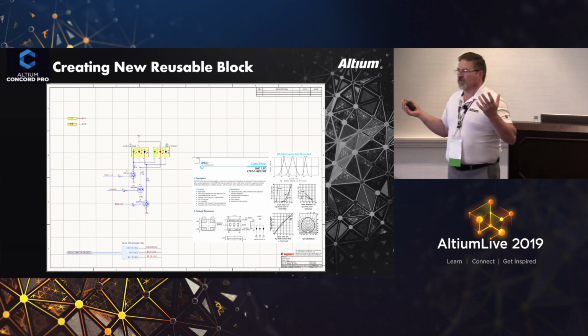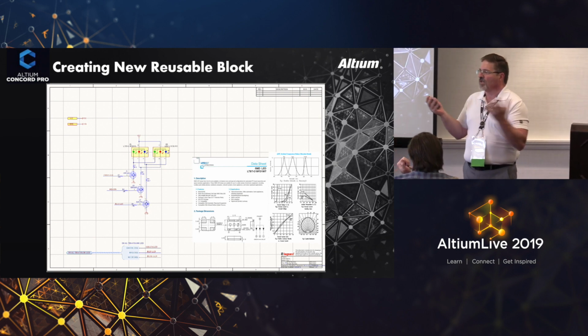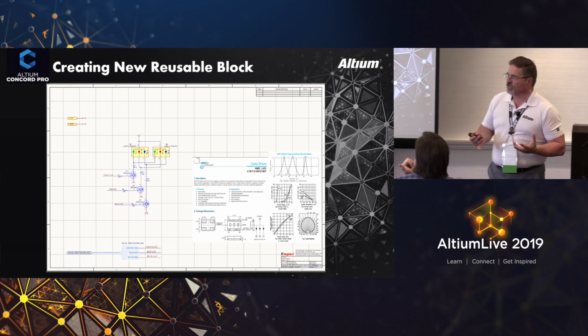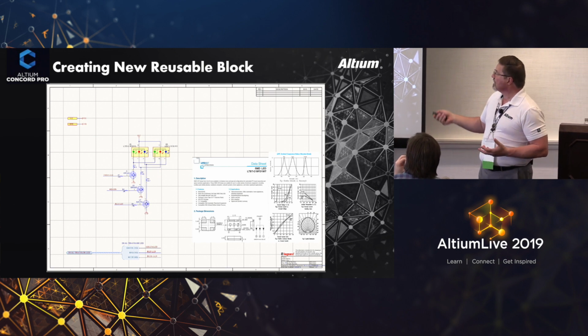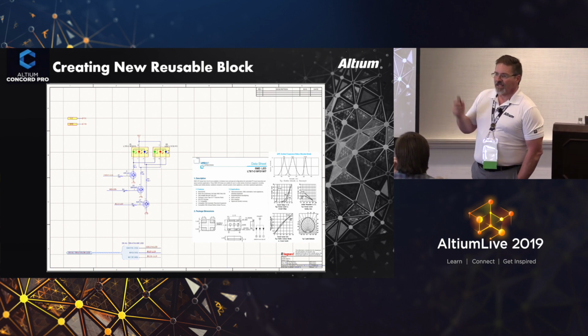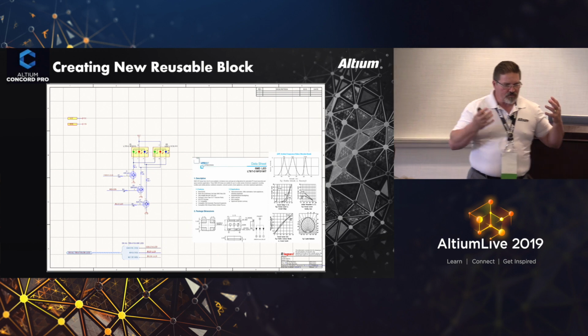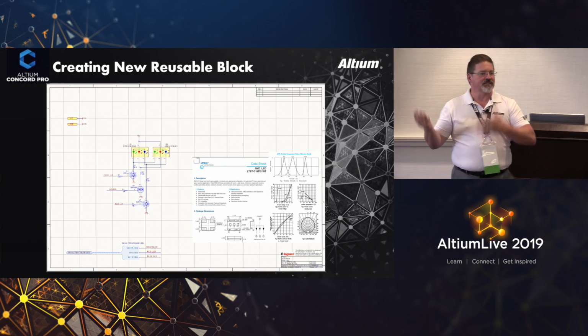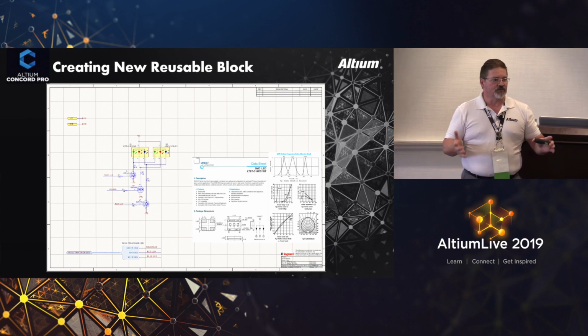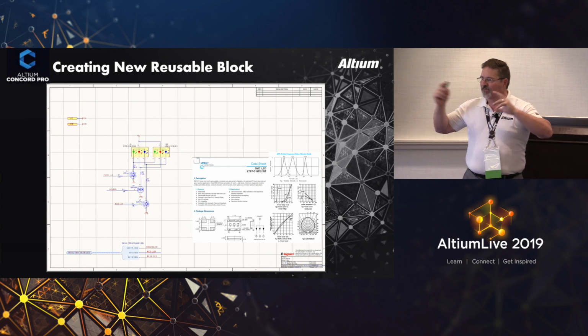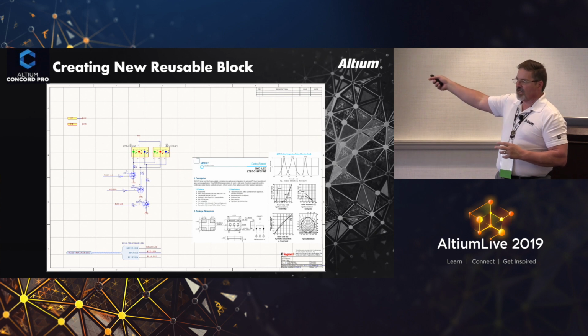Any of the tribal knowledge that everybody has about this circuit can all go on this reusable block. It becomes a maintained history of that design. That's what's great about this: all this tribal knowledge that everyone has about this circuit can now be documented.